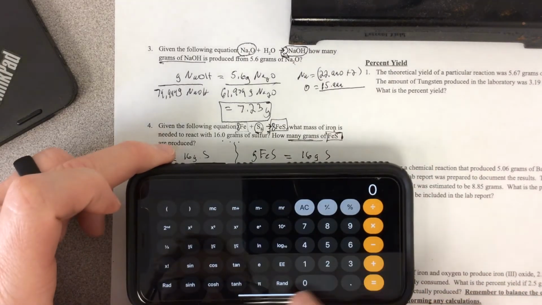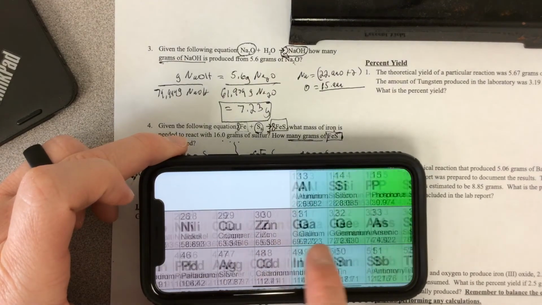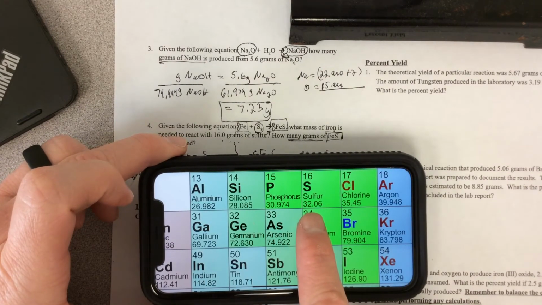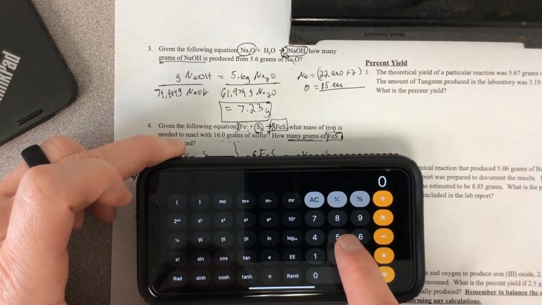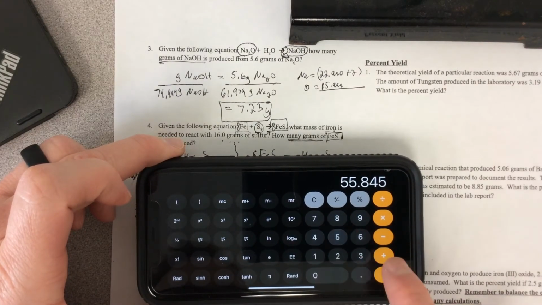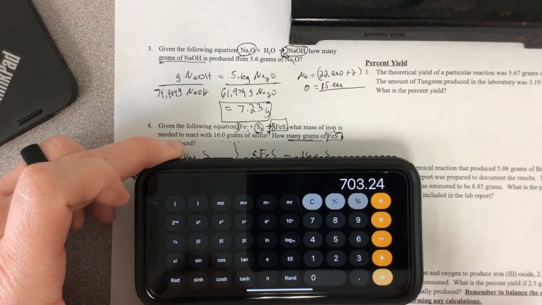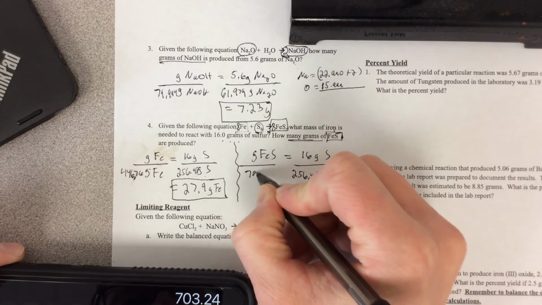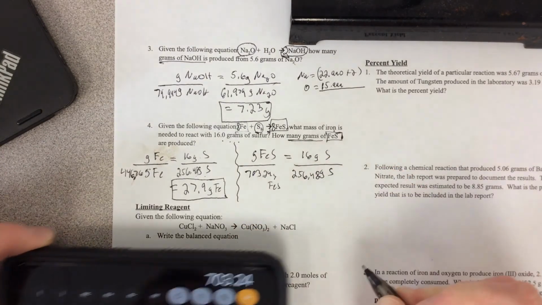So again, iron we know is 55.845, and then sulfur is 32.06. So we simply are going to add those up and multiply by 8. And that gives me a total of 703.24 grams FeS.